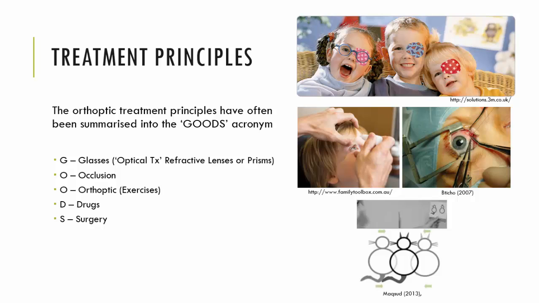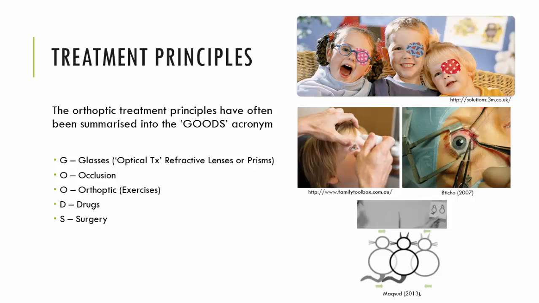Moving now to orthoptics or orthoptic exercises. These are prescribed in patients who have intermittent deviations. So in order for you to prescribe orthoptic exercises, you need a patient to be binocular at some point in time so that you can build on that patient's strength of binocular functions. If they're constantly manifest and you can't assist them to become binocular, then there's very little you can do from there on.